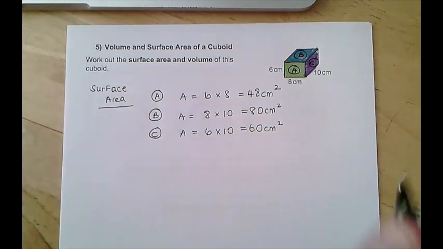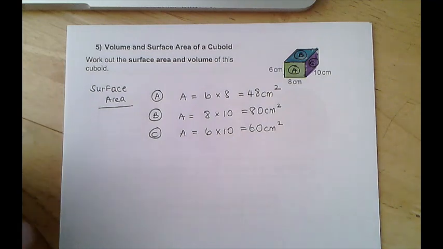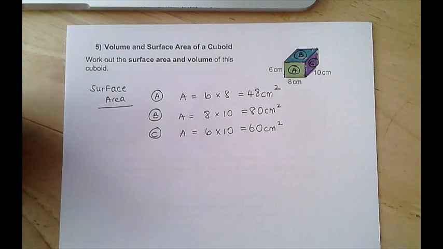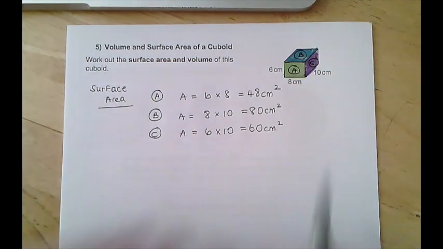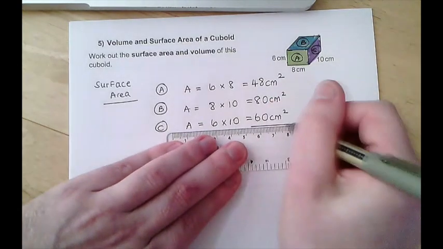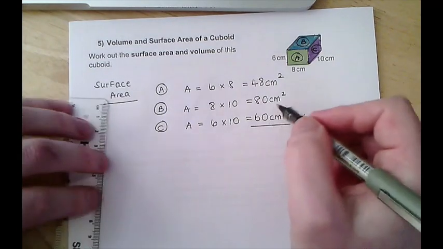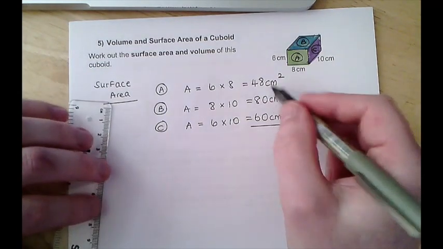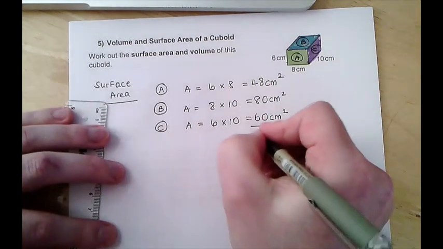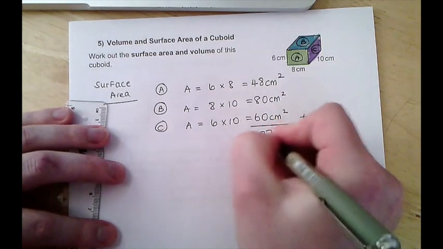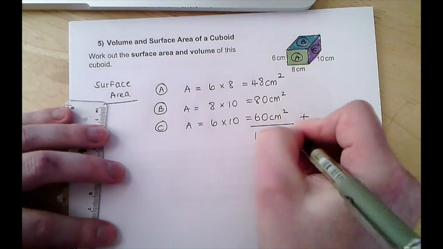So we've actually worked out 3 faces, but because they come in pairs, we're going to add them up and then double our answer. If I add that up, I get 60 plus 80 is 140, plus 48 is 188 centimetres squared.